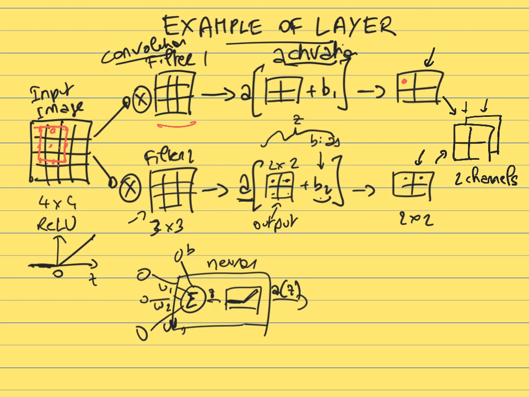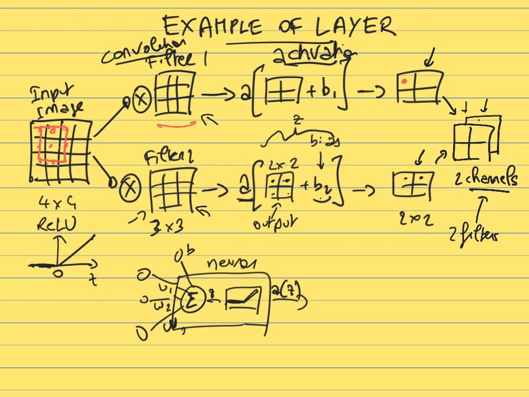So now you get 2 channels. It corresponds to the fact that we used 2 filters. The result of those 2 filters is stacked on top of each other, so each channel corresponds to the outcome of one distinct filter.